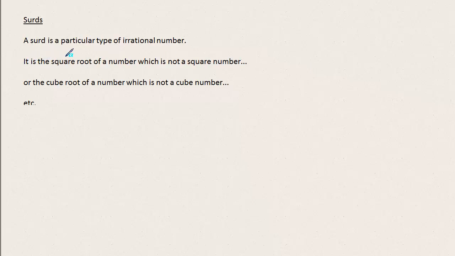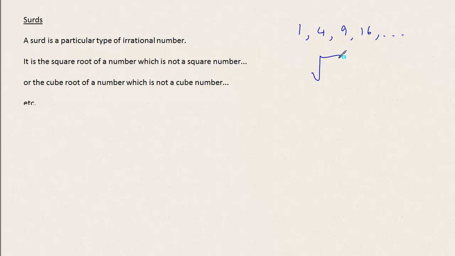A surd is a particular type of irrational number. So in other words, a surd is a number which cannot be expressed as a fraction. It is the square root of a number which is not a square number. So we know the square numbers 1, 4, 9, 16 and so on.